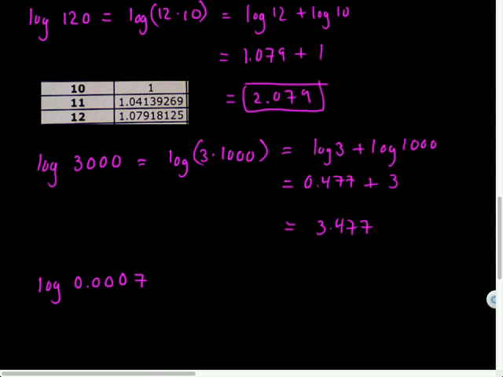Now, in terms of vocabulary, it's kind of abstract, but this whole number is referred to as your characteristic. And this number is referred to as the Mantissa.